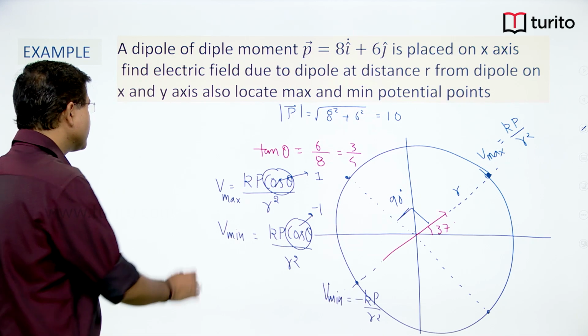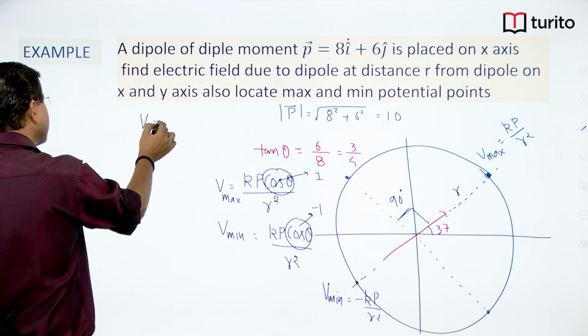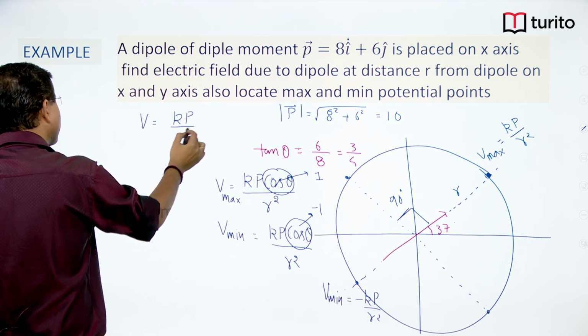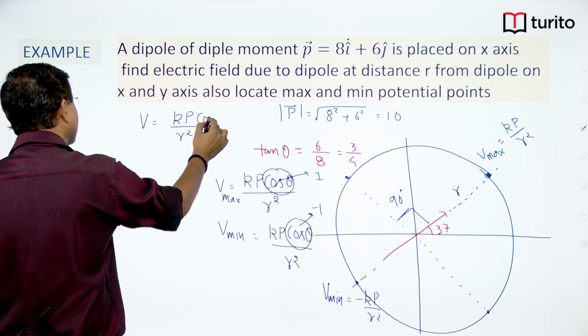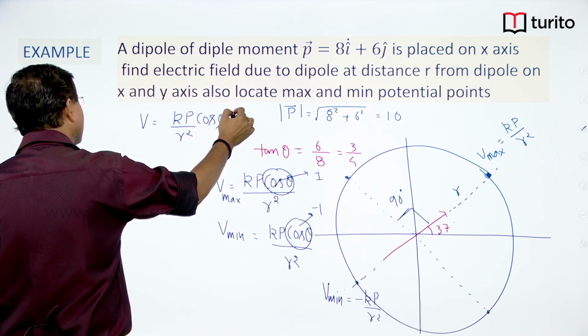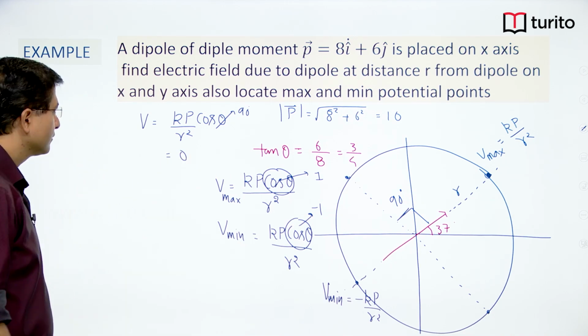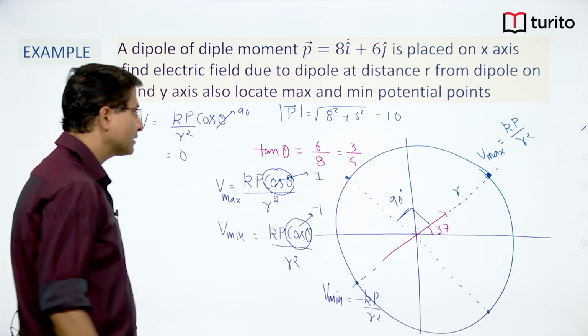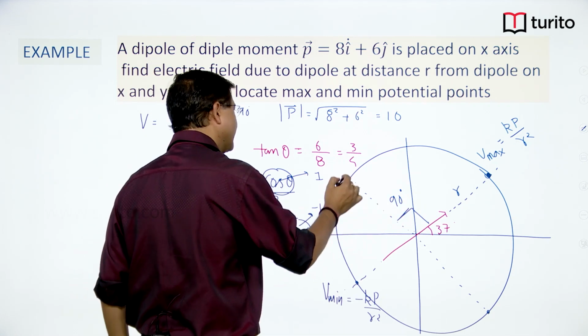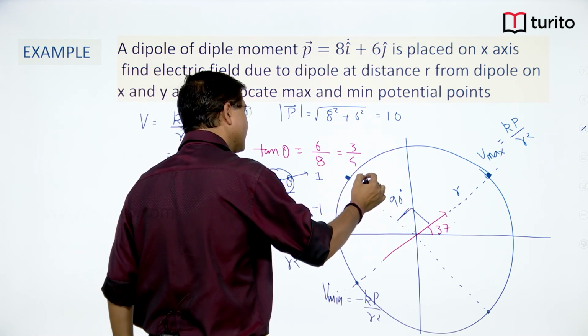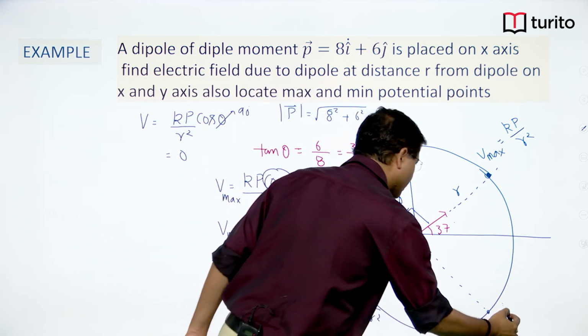So potential becomes 0 when theta is equal to 90 degrees. At these two points, here and here, the potential is 0.